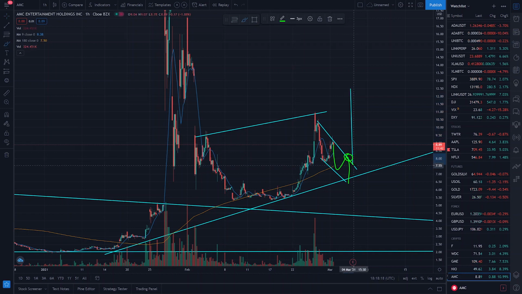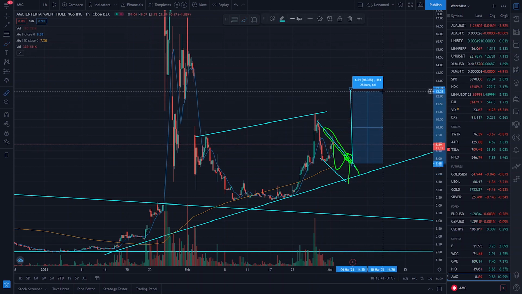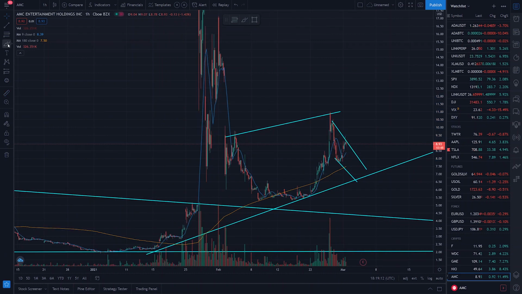It breaks out this line right here, and you'll get something like that, which looks like around a 62% trade. I'm still not sure about this cup and handle pattern though. I mean, the cup definitely looks like a cup, but I would say that to form the handle, it needs to go down a little bit more, something like that.